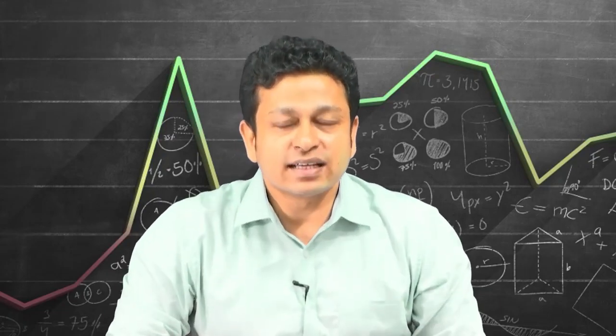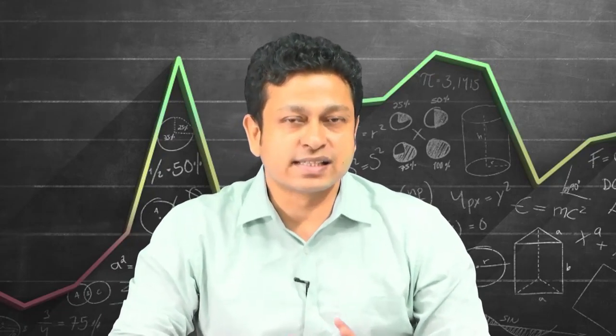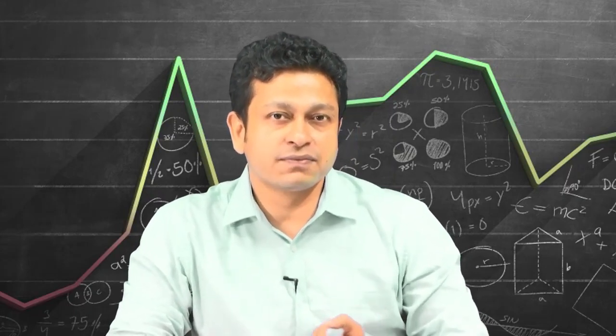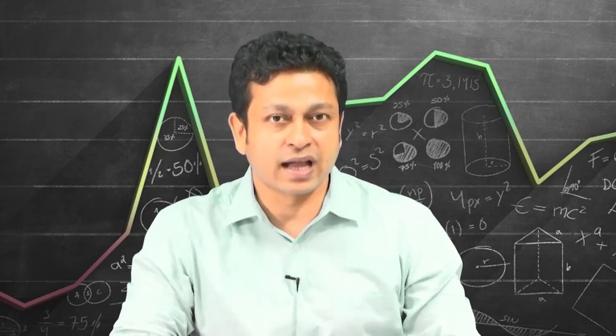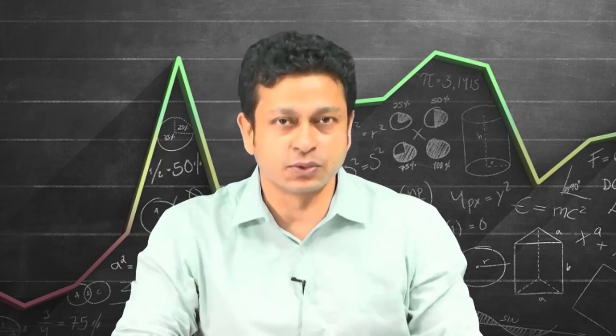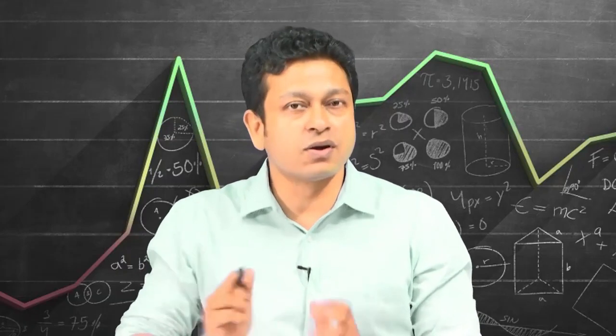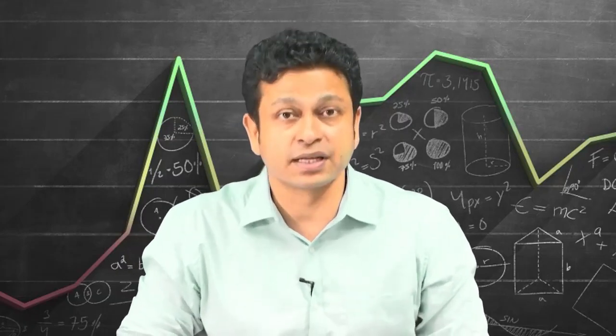Now, for hypothesis testing, we will introduce some concepts, basically some tools to actually do the hypothesis testing. So, before we get into the rules, let me talk about the tools and concepts that we are going to use.